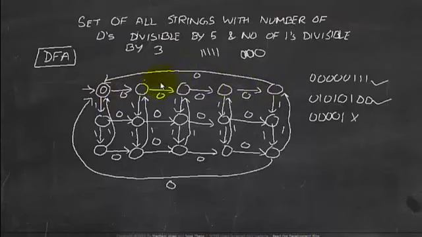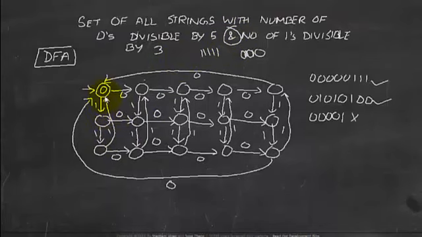Suppose there are 10 zeros: 0, 1, 2, 3, 4, 5, 6, 7, 8, 9, 10. So it will keep on going with zeros in multiples of 5, and we need to join these, because in the question it was given that both of these conditions have to be met.